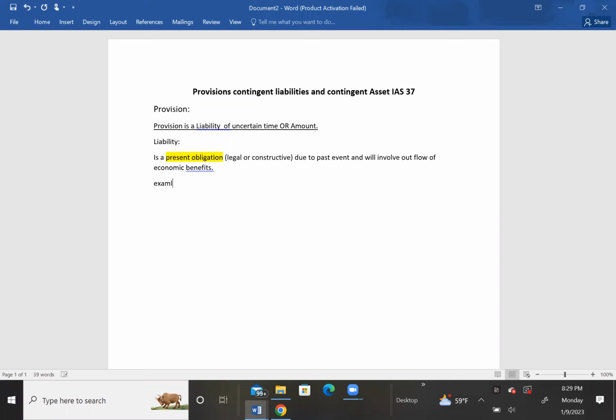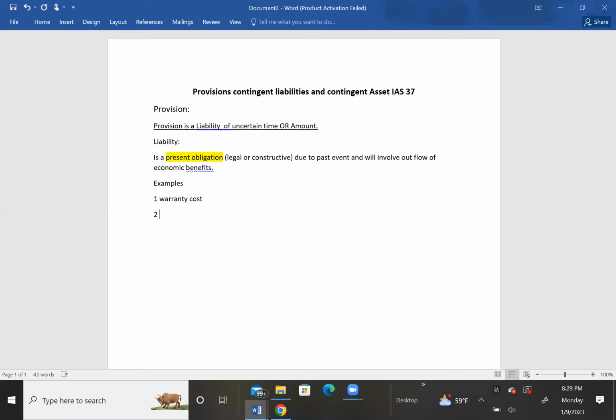Now, if we take the examples of the provision, the first example is warranty cost. When an entity sells a product with a warranty, they are basically taking an obligation that if the product sold has any defect, they will repair the product without any cost. It is a provision.